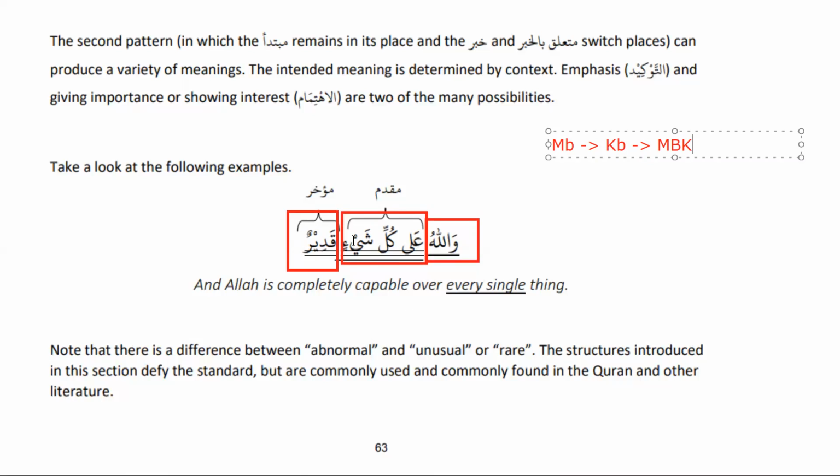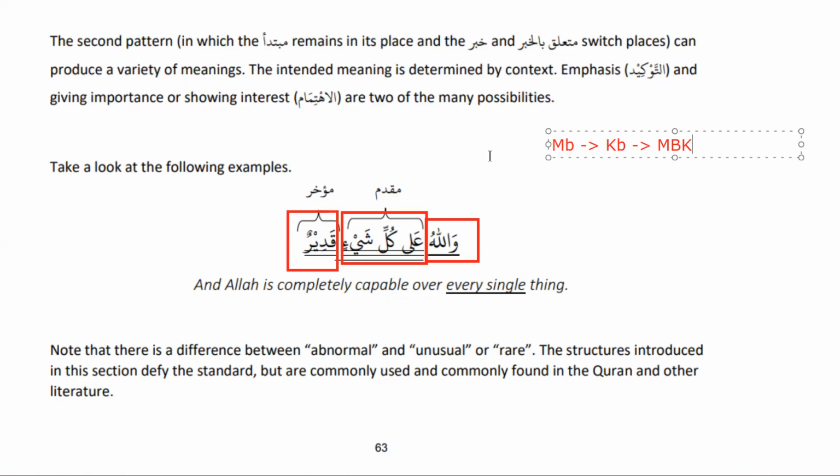And when this thing happens, when mutaliq bil khabar is muqaddam and khabar is muakhar, mubtada is on its regular place. Mubtada is in the beginning of the sentence, in the beginning of the Jumlah Ismiyah. Mubtada is at the place where it is expected, but mutaliq bil khabar is muqaddam and khabar is muakhar.